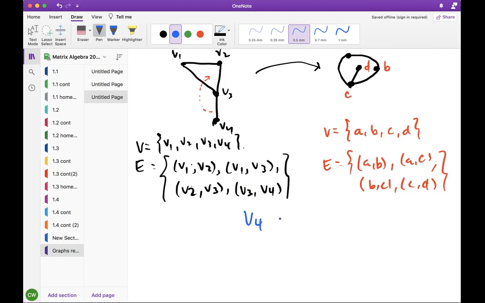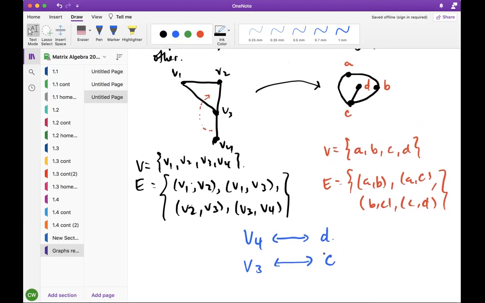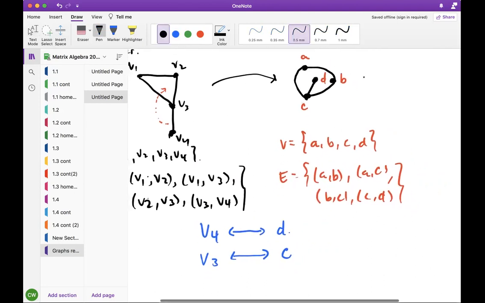So V4 would be matched with D. And that implies that V3 would be matched with C. Now there's a choice whether to make V1 A or V1 B and vice versa for V2, right? It doesn't really matter because I could twist this circle around to essentially swap the places of A and B, just like reflecting it.